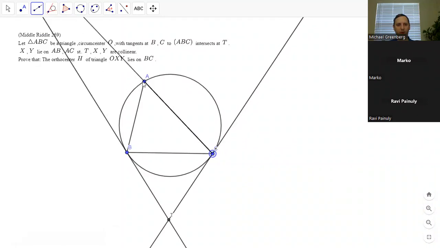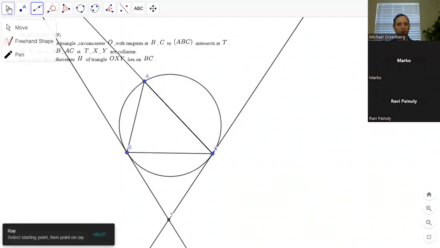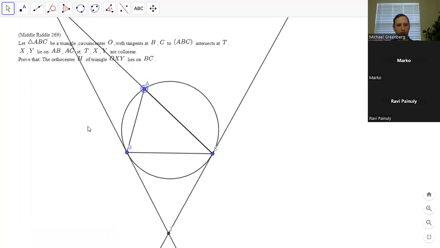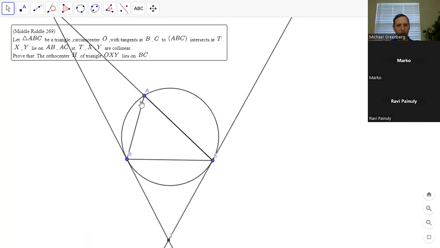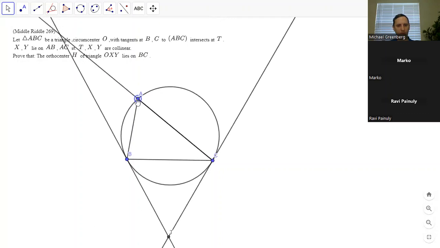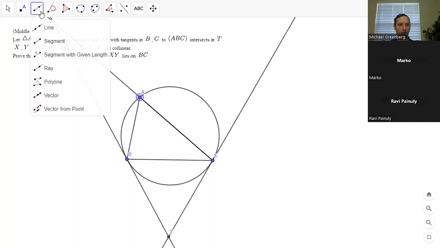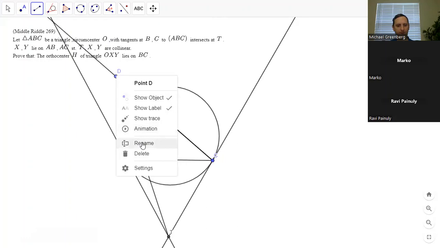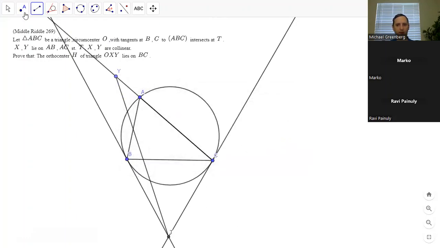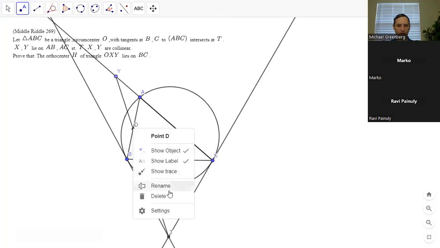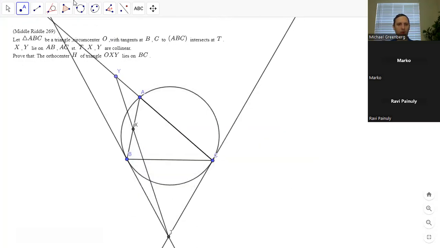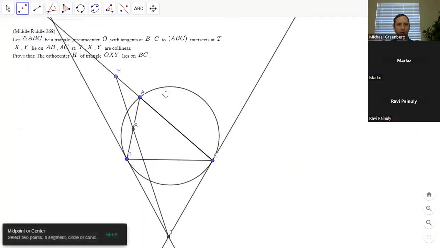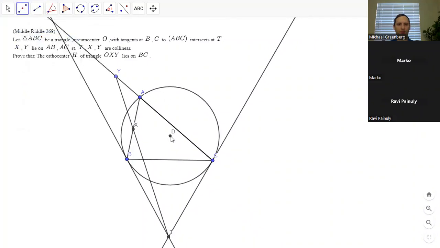So we are going to want to extend AC, and let's see if we can make this diagram a little nicer. We want maybe something like this. And then this would be Y. And this would be X. And we want to show that the orthocenter of OXY lies on BC.